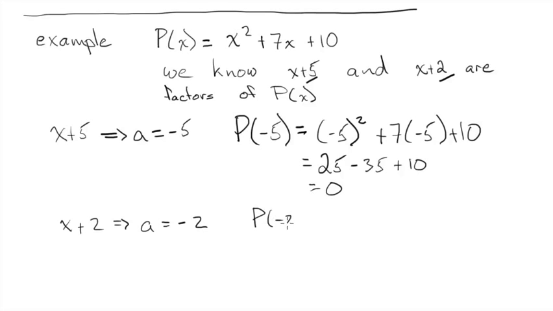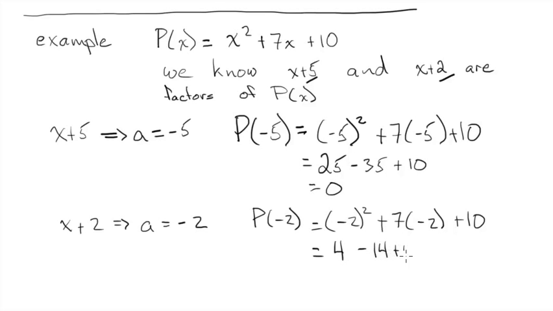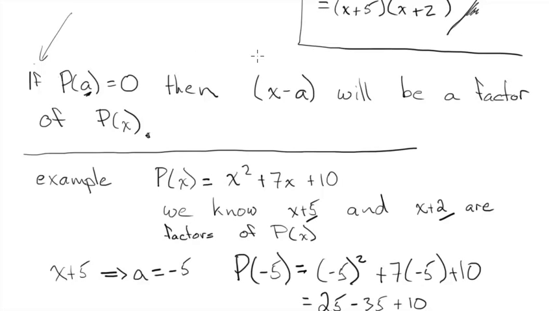So p at negative 2 is equal to negative 2 squared plus 7 times negative 2 plus 10. So 4 minus 14 plus 10 is again 0. So in both cases we get 0, which shouldn't be a surprise. That's exactly what the factor theorem told us.